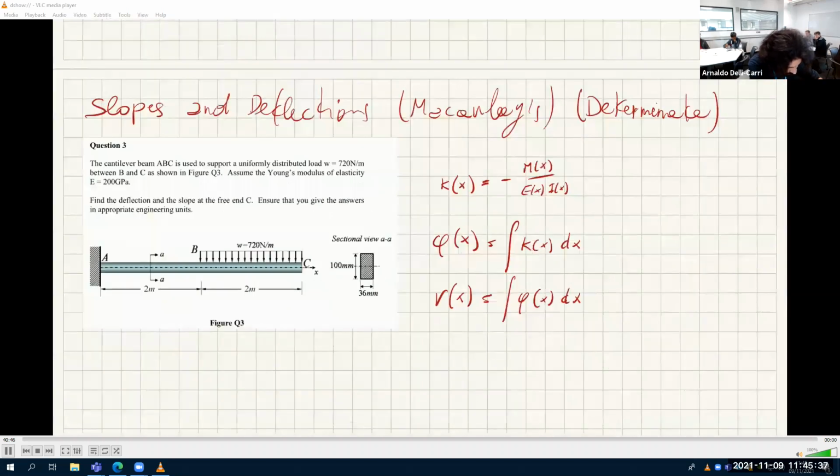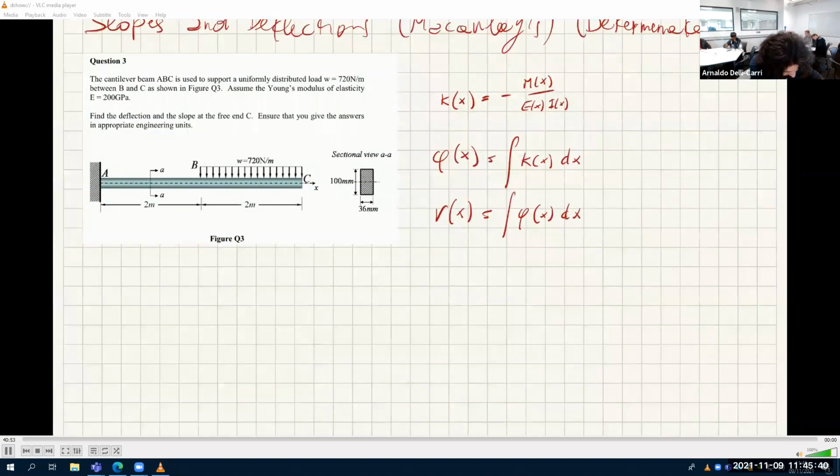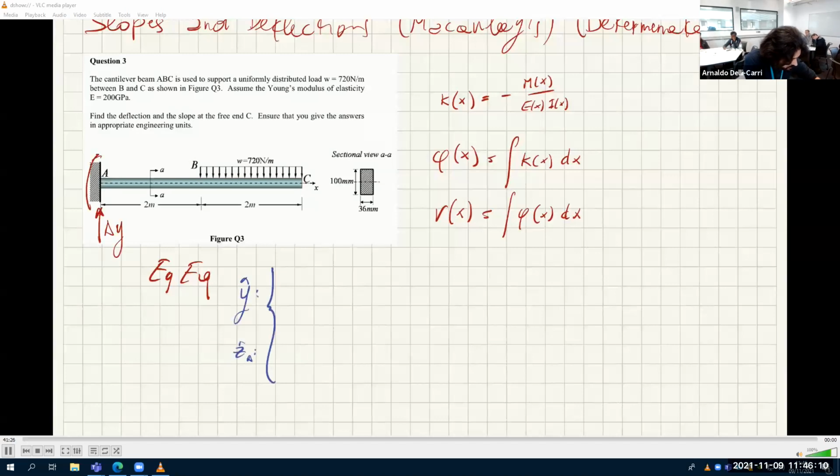So first of all, equilibrium equations to find the reactions. How many reactions do you have here? 3. Of course, the horizontal reaction is 0 because there is no horizontal action, so I will only use two equations: the y direction and the z, again, around A. Let's say that my reaction forces are AY and MA, and MA goes in the opposite direction.